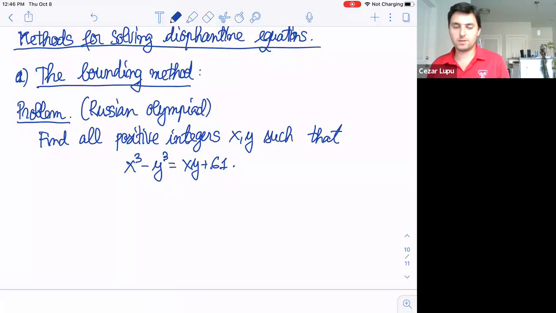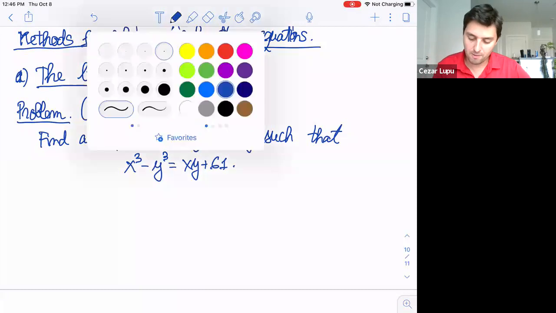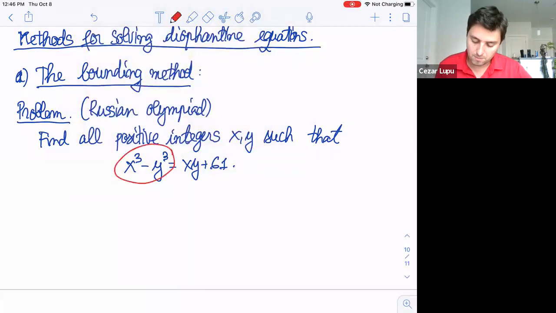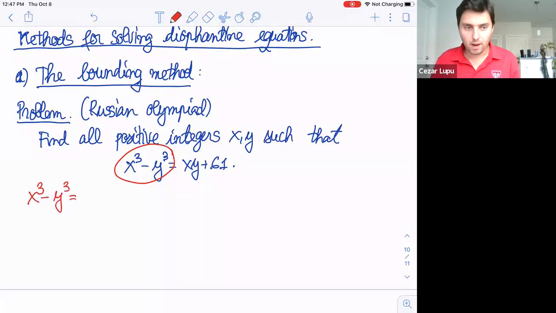Do you see any formula? For example, this guy here, x cubed minus y cubed, does this ring a bell? What do you know about it? You know that x cubed minus y cubed is x minus y times x squared plus xy plus y squared, right?